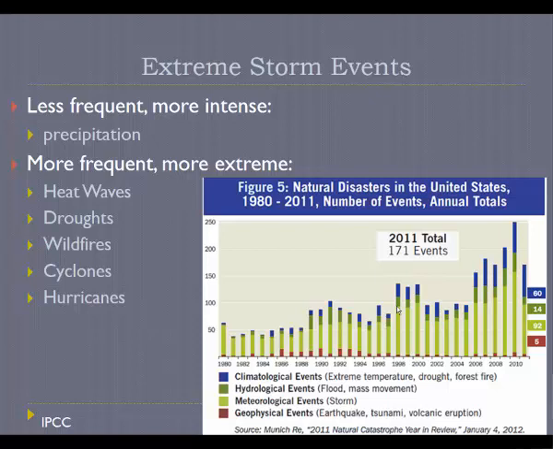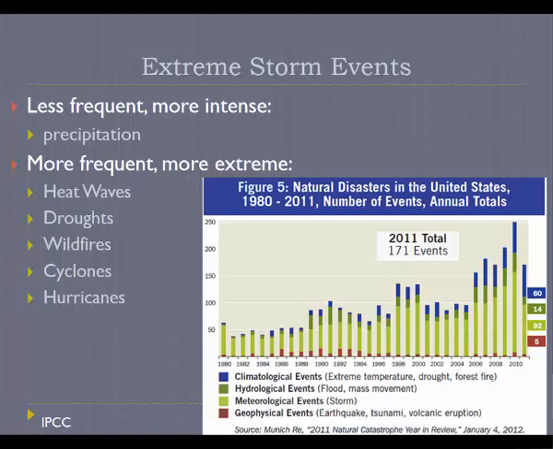So the insurance industry is being hurt by these changes because they're having to pay more out to people that have insurance. But you can see there's different kinds of events that can play out: climatological events, hydrologic events, meteorologic events. Those are shown in blue, dark green, and light green. And you can see that all those are on the rise.